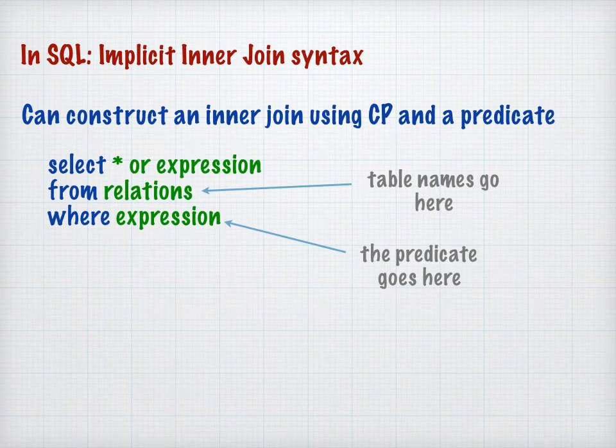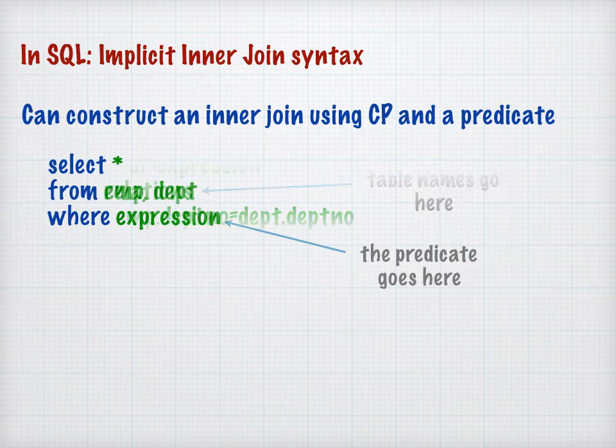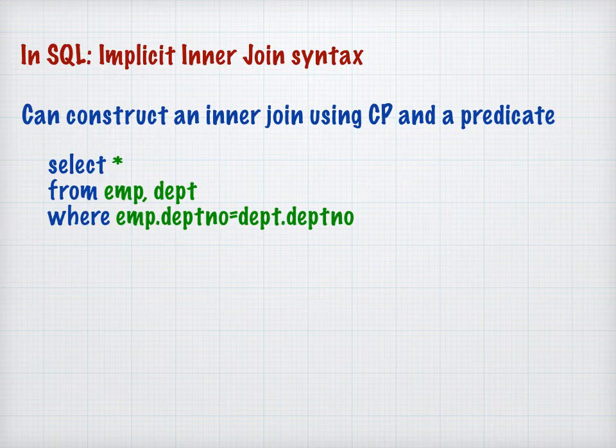Now the way that we do that in SQL looks like this. So we've got our three standard words there, select, from, where, and here's how we construct that inner join. After the from reserved word, we have the tables that we're going to combine together, emp, comma, department, we just separate them with a comma.